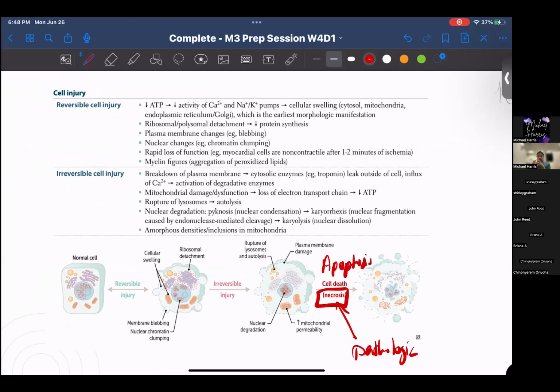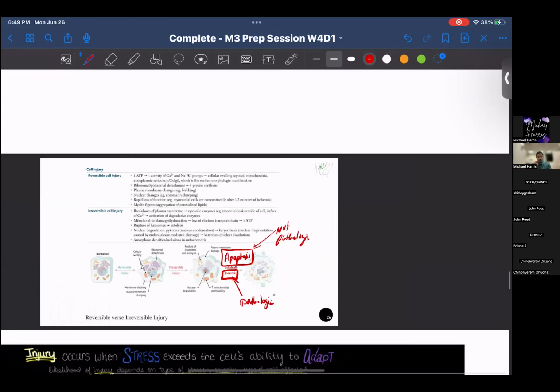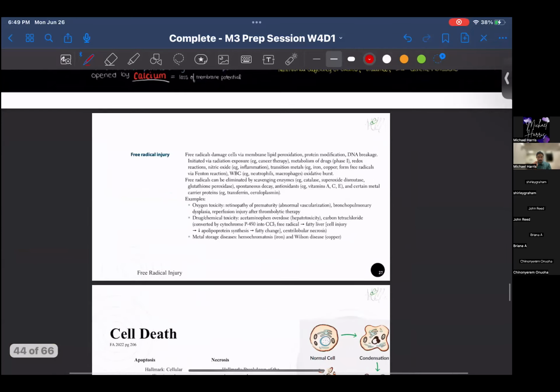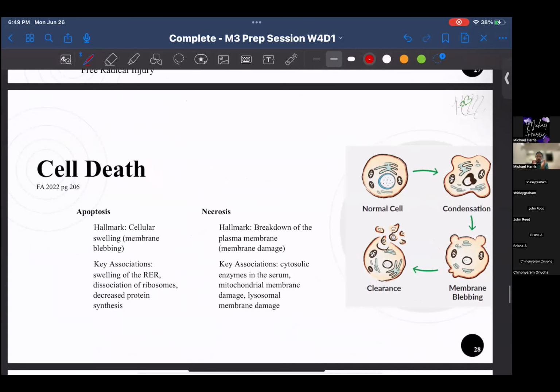So apoptosis is not pathologic. Necrosis, always pathologic. So if you see necrosis, you got to think this is pathological. So how does someone who's undergoing necrosis present? The big thing is this: inflammation.